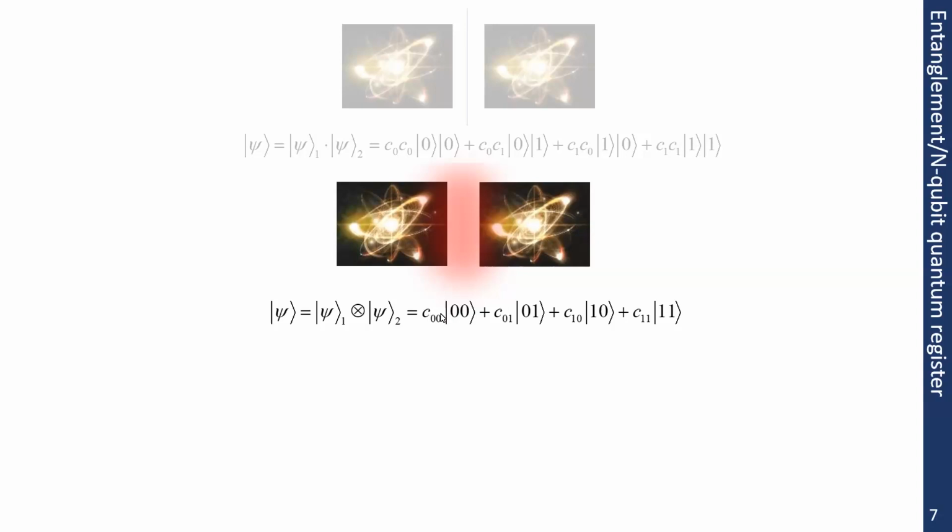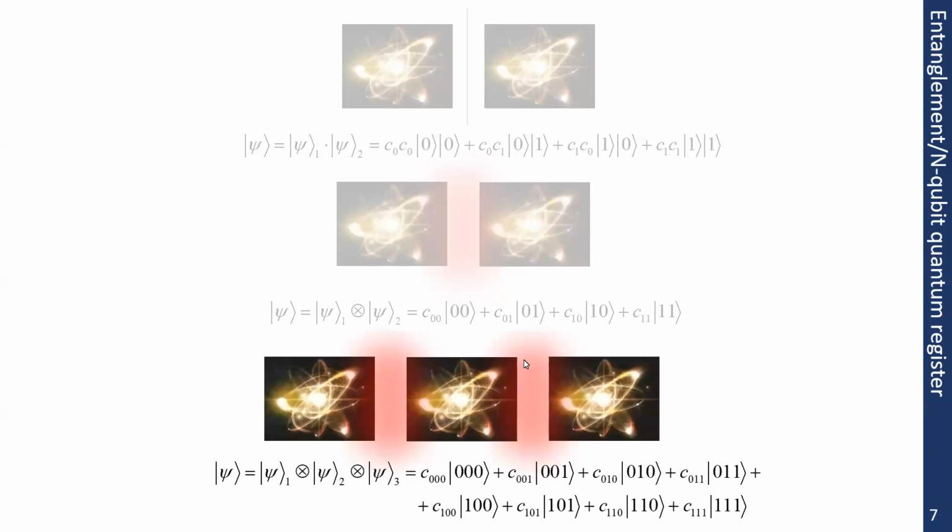each quantum amplitude C00, C01, etc., depends not only on the state of the first one, but also on the state of the second one, meaning that we cannot split them anymore, even mathematically.